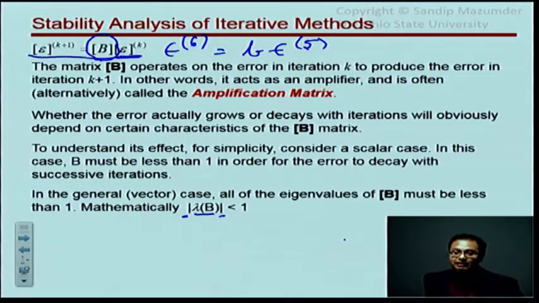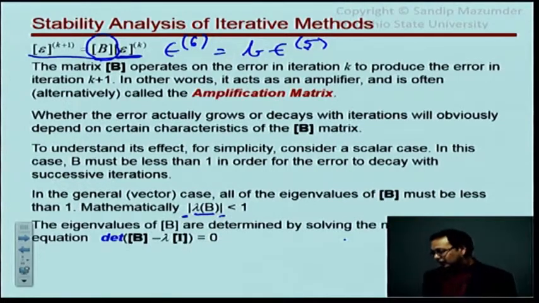That means that we don't care whether the eigenvalue is positive or negative. What matters is its magnitude. Is it greater than 1 or less than 1? Now, it also says that all of the eigenvalues must be less than 1, which automatically means that the largest eigenvalue must be less than 1. So we don't really care about all the eigenvalues. All we care about is whether the largest eigenvalue is less than 1 or not?